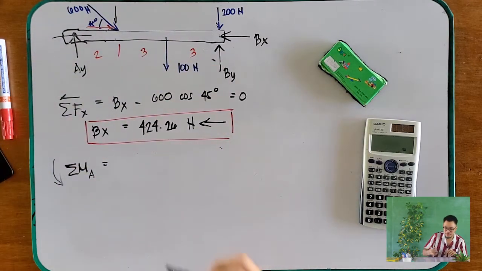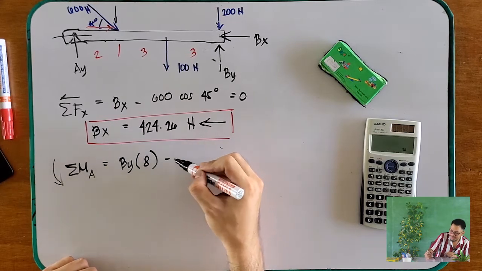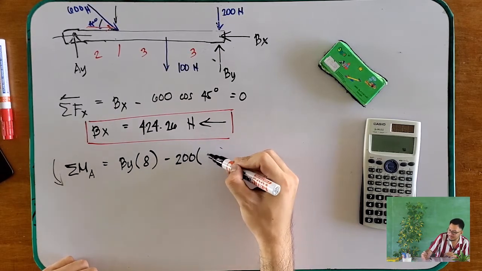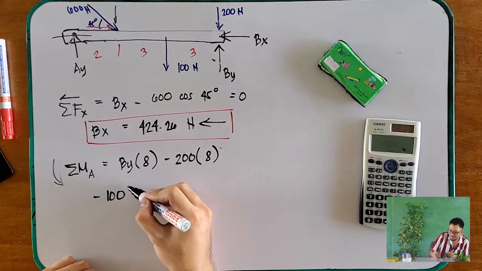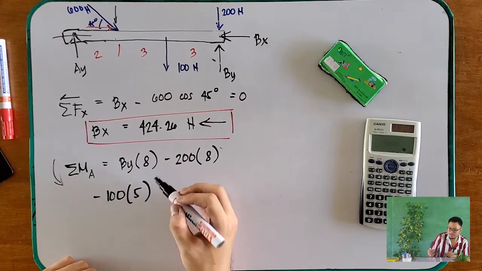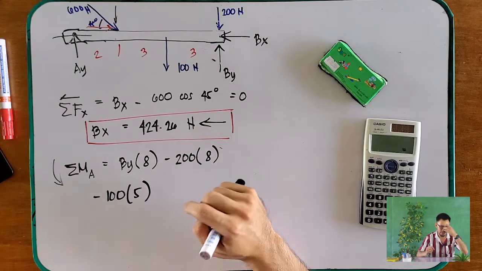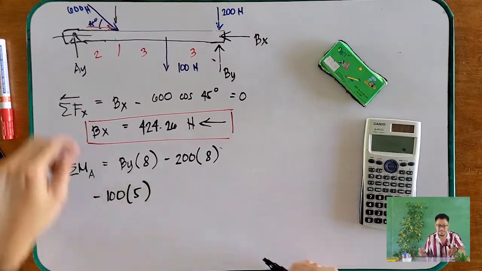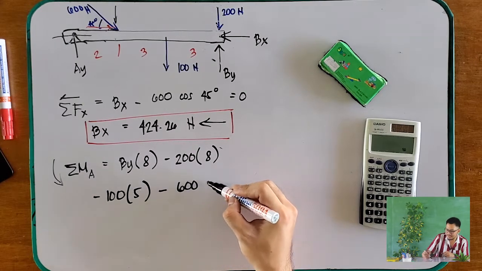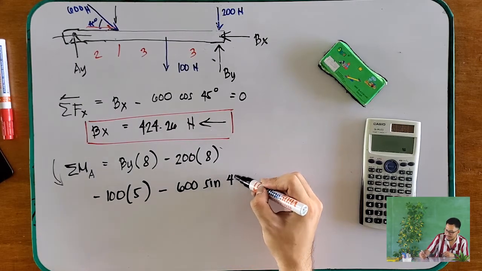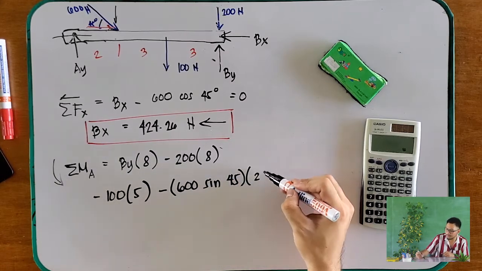Okay. So first, B_Y times 8 minus 200 times 8, which is this one, minus 100 times 5. Next, let's look at the Y component of our 600 newtons: minus 600 sine of 45, right, which is the Y component of our 600 newtons, and then a moment arm of 2.